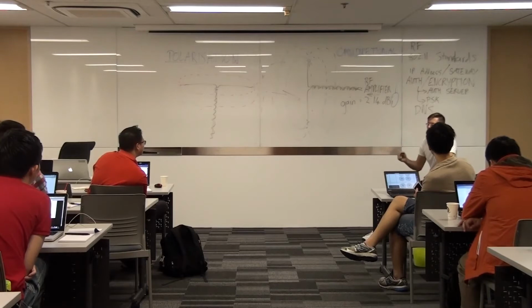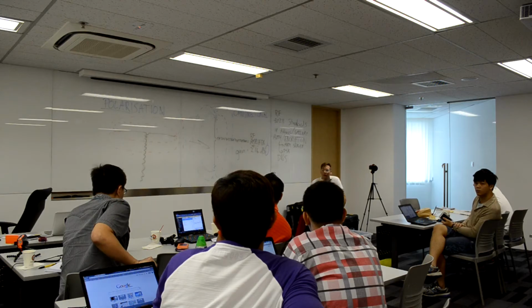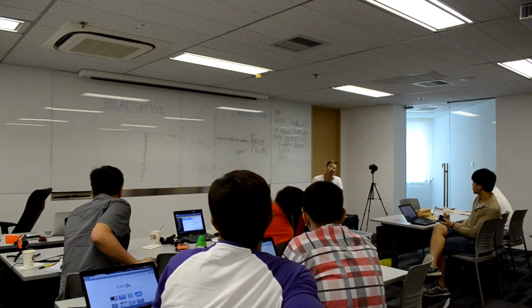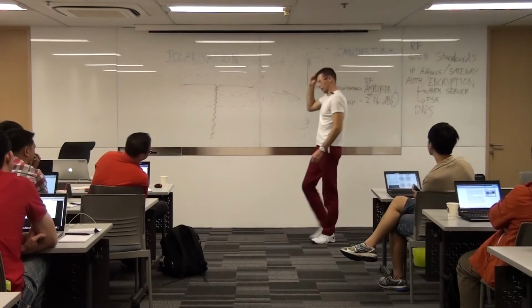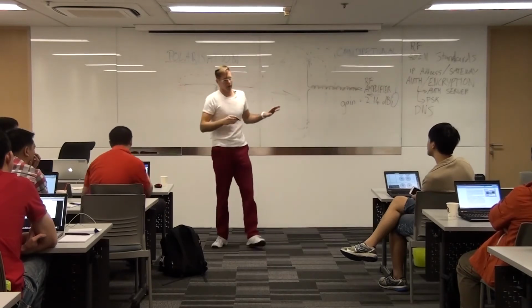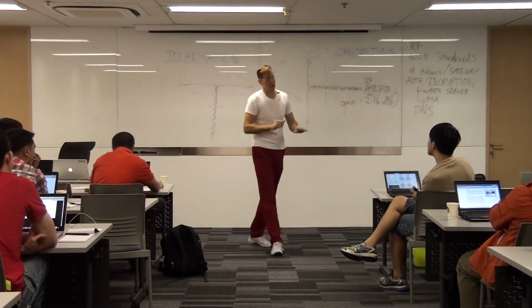So now it will try and... Yeah, well, it's found its SSID that it wants. So what it will do is it will authenticate and associate. Now this authentication that I'm about to talk about is not the RADIUS, not the password.